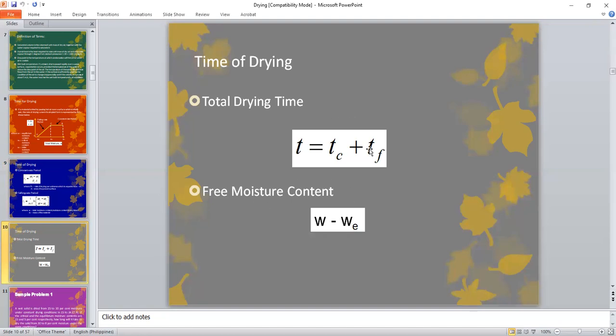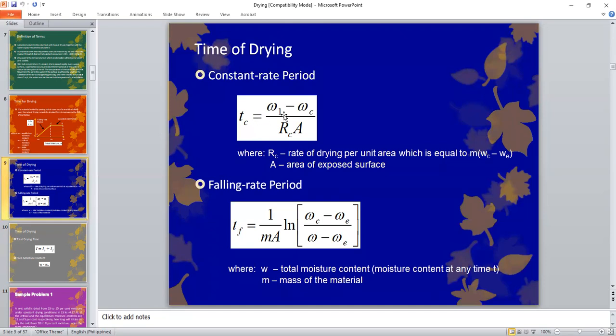Now, there are problems, class, especially hybridized problems on drying, wherein you'll be given tables. You'll be given particularly a table that relates one particular property to another, and in which the moisture contents are not simply stated as initial total moisture content, or equilibrium moisture content, or total moisture content at any time t.